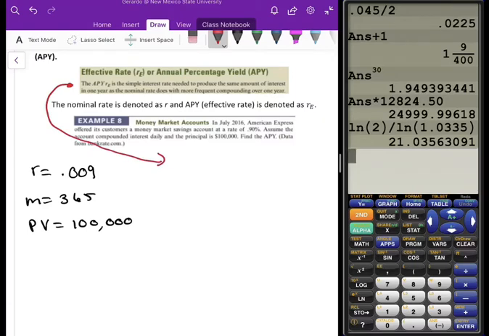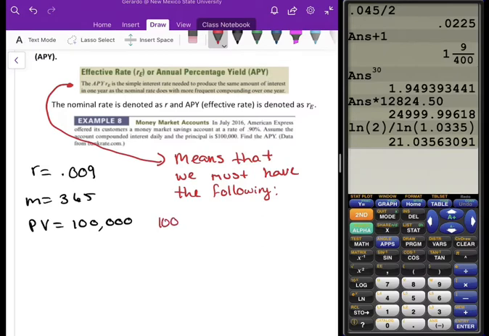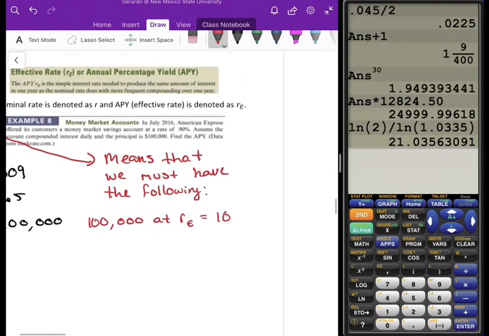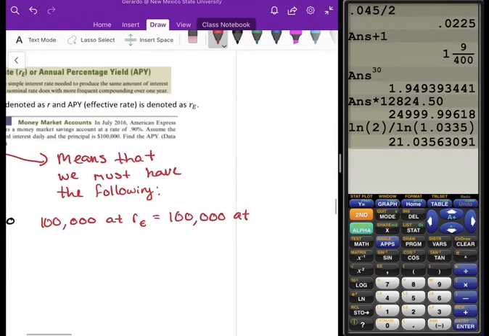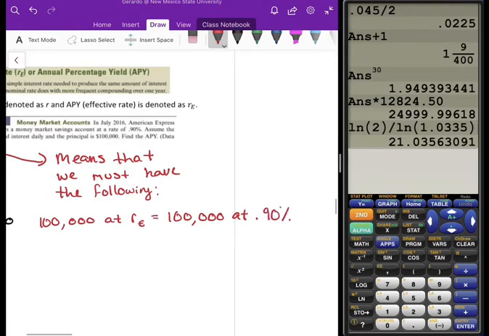This means that we must have the following: $100,000 at RE is equal to $100,000 at 0.90%.